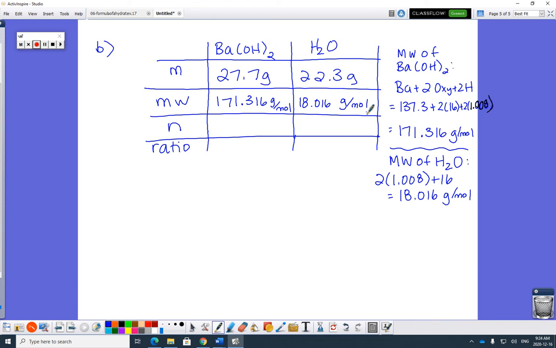Okay, so one of the advantages of the chart, now we're going to do moles, mass divided by this. So this over this gives you this.